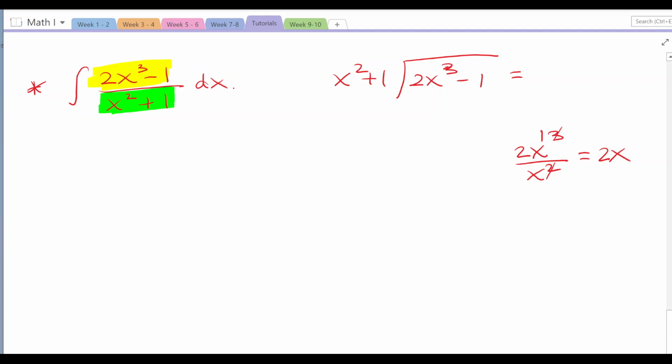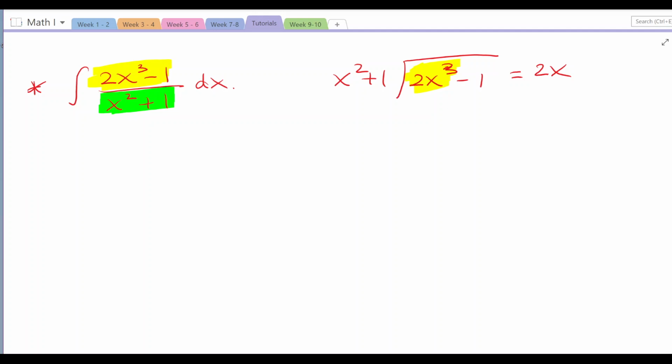So the first answer will be 2x, and the reason for that is we are going to eliminate the first term to become 0.